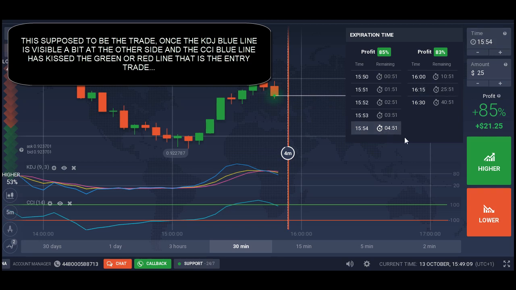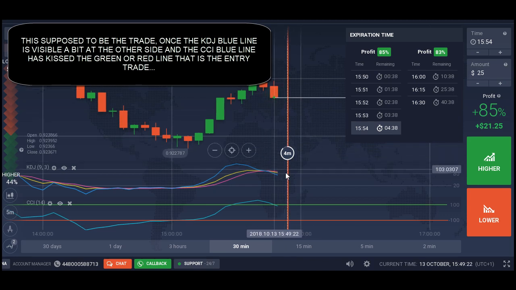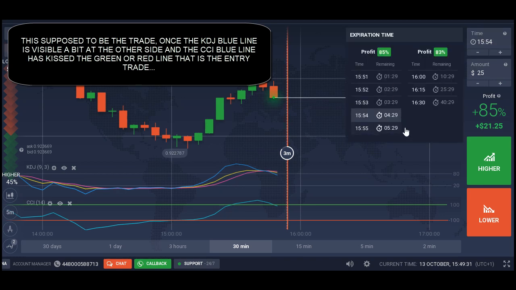As the new candle is opening, you will trade. So now you see here is 4 minutes. It means this candle is now in 4 minutes. Whenever the candle here is written 4, then you come to this your time here, and whenever it gets to 5:20 something, just click on it.